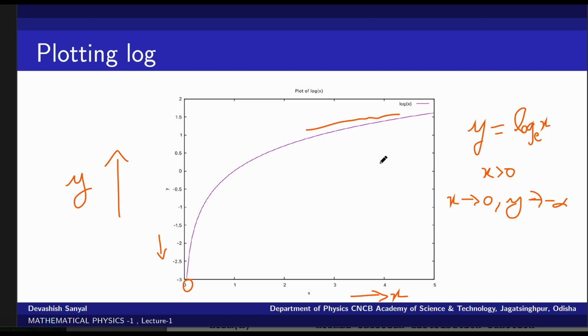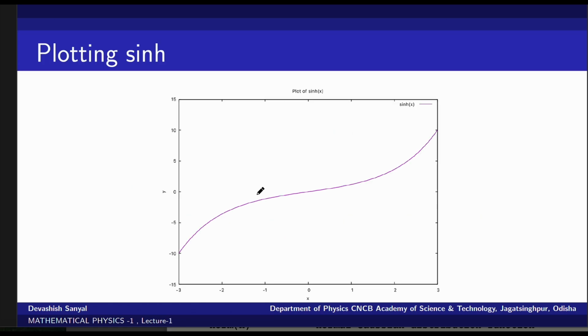So this is the plot of y is equal to log x. Then we are going to plot some other functions, hyperbolic functions. Y is equal to sinh x. So this is my y and this is my x.